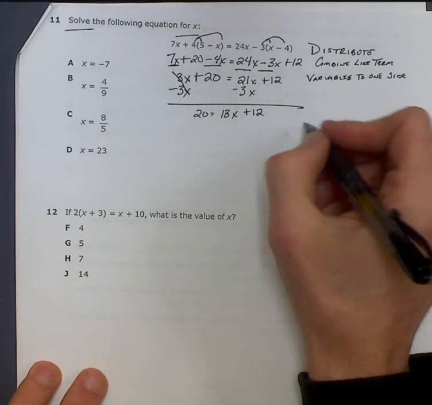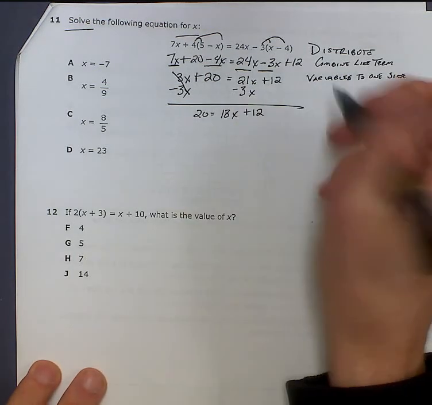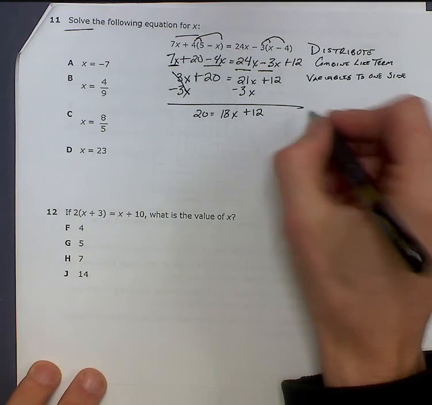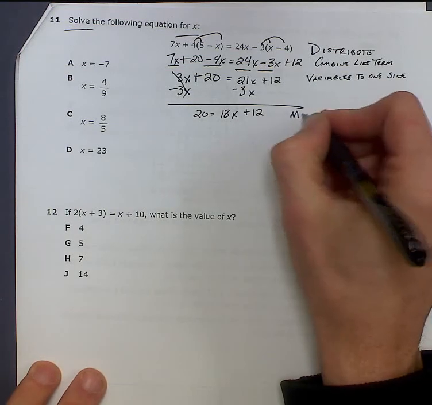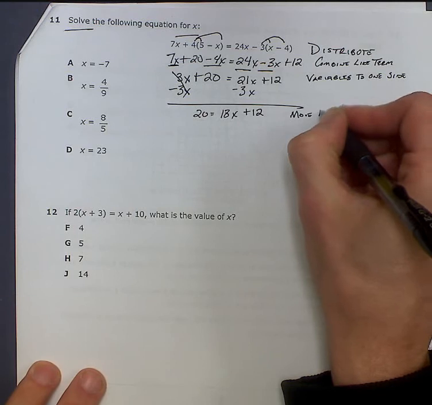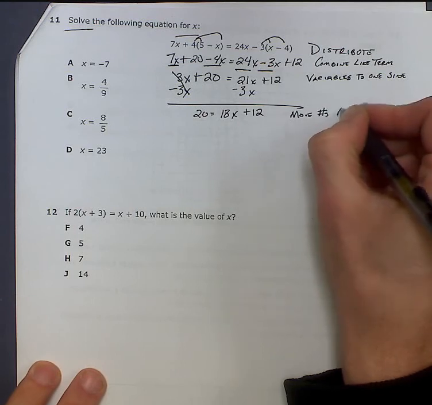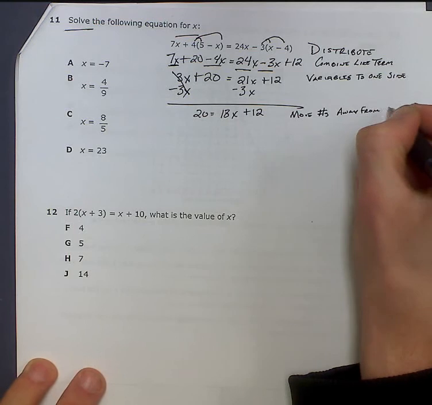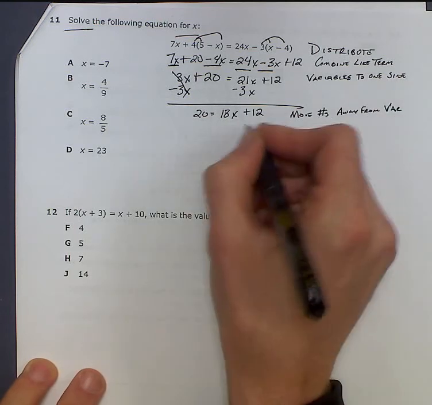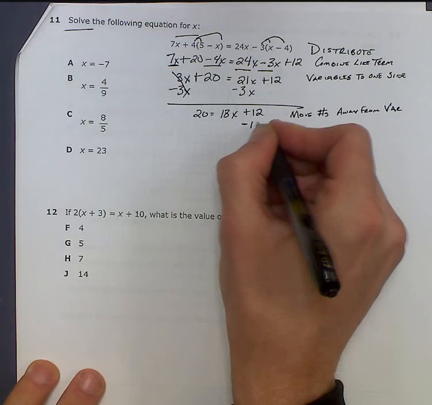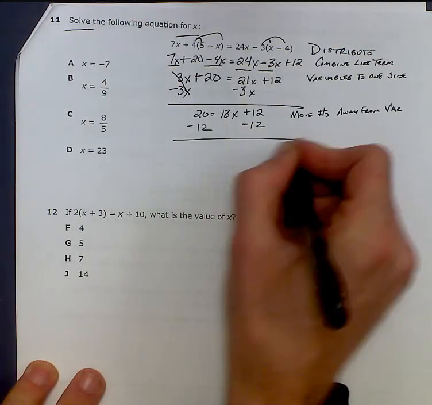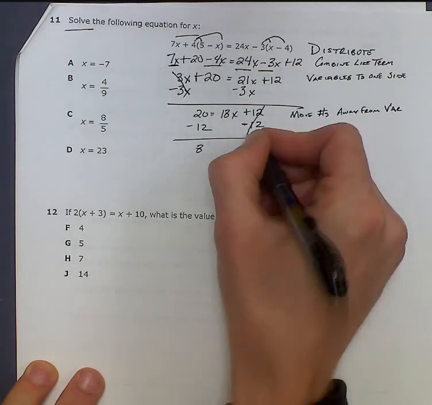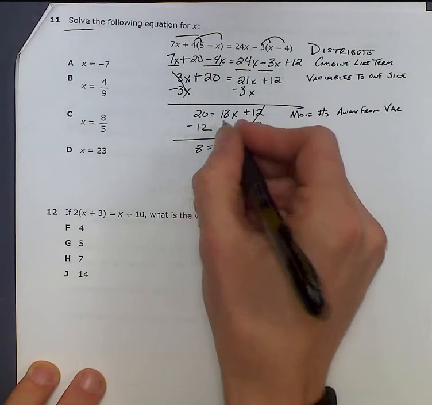Now, since I've moved all my variables over here, I need to move all my numbers to the other side. So I'm going to say move numbers away from variable. So to move it, I do the opposite again. I subtract. Now I'm left with 8 here, and this goes away, and 18x was untouched.